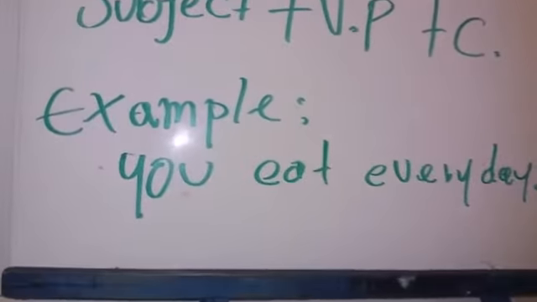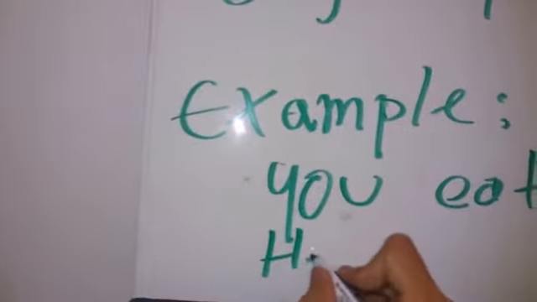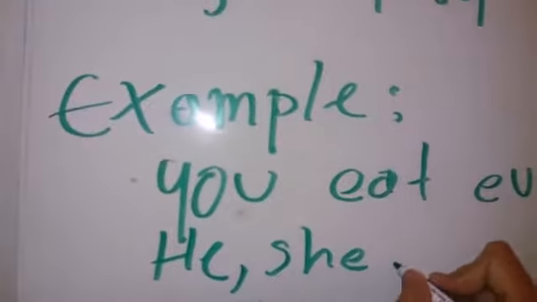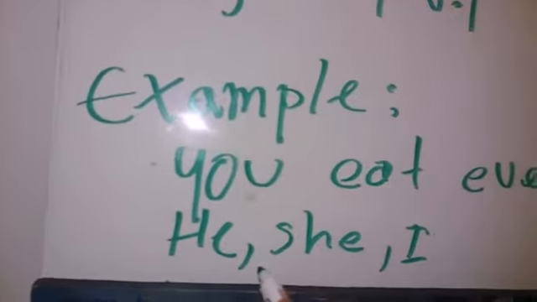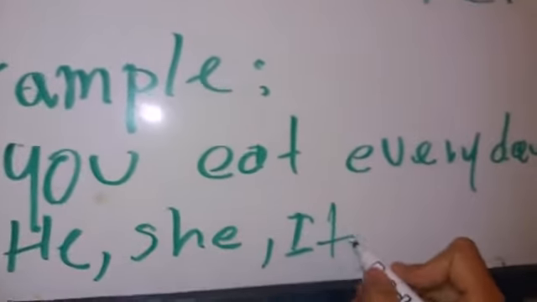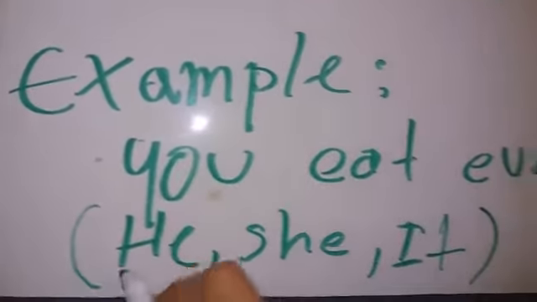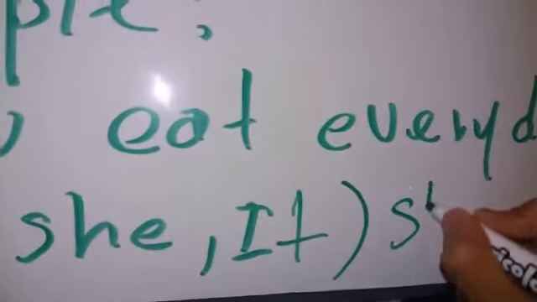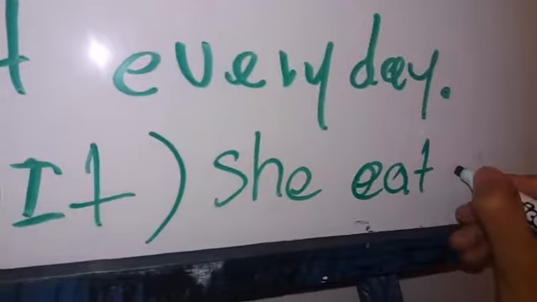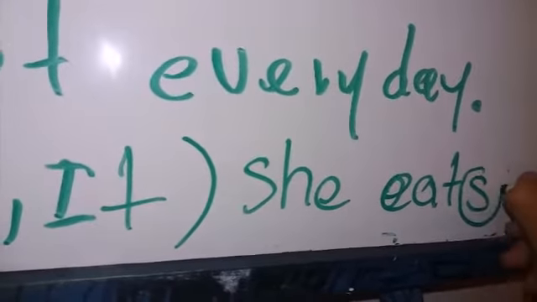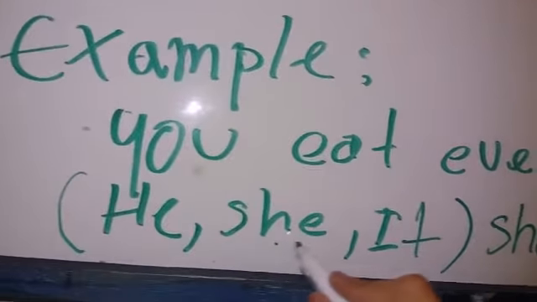Guys, pay attention with the third person. In this case, the third person is he, she, and it. So for the verbs in present for the third person, he, she, and it, we add an s to the verb in present. So she eats, we add an s, but this is only for the third person, he, she, and it.